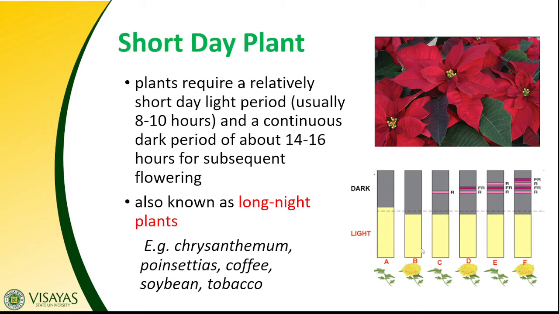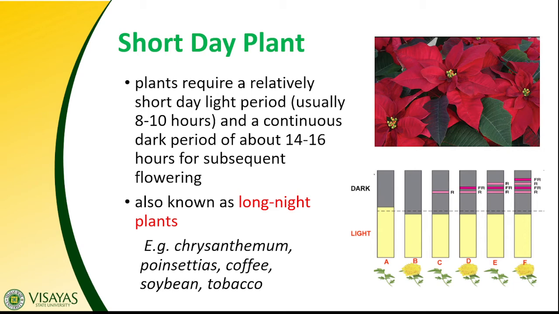And for the last plant in letter F, we can see here flower. The plant is still exposed to short day length, but then there are several interruptions, and just like in letter D, the FR being the last exposure causes the short day plants to flower.